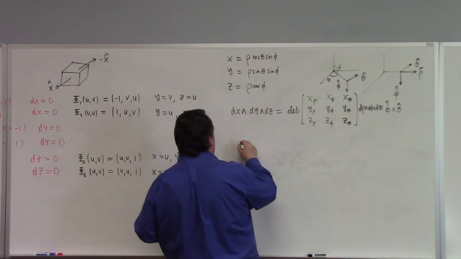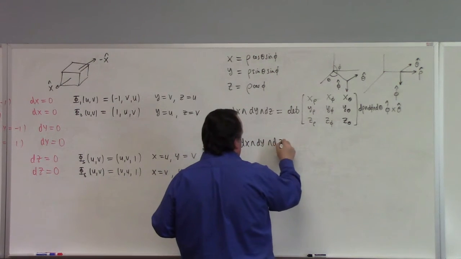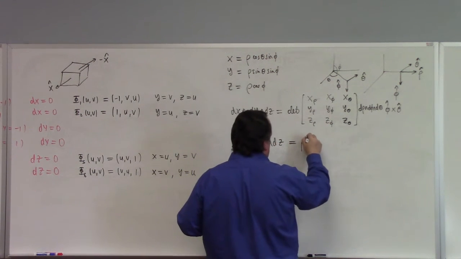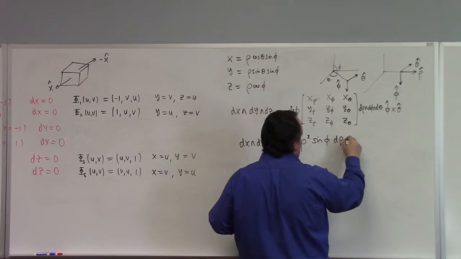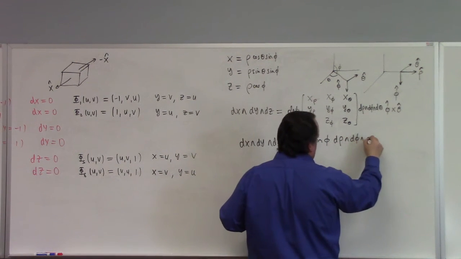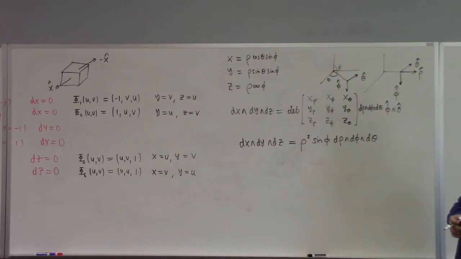I don't want to work it out, guys, but we worked it out in Calc 3 for sure. It is rho squared sine phi d rho wedge d phi wedge d theta. Maybe you recognize this as the necessary multiplier for setting up spherical integrals.